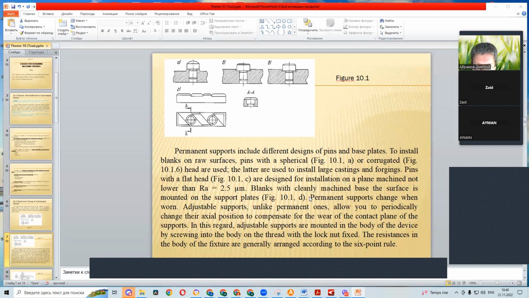In this regard, adjustable supports are mounted in the body of the device by screwing into the body on the thread with the lock nut fixed. The supports in the body of the fixture are arranged according to the 6-point rule.